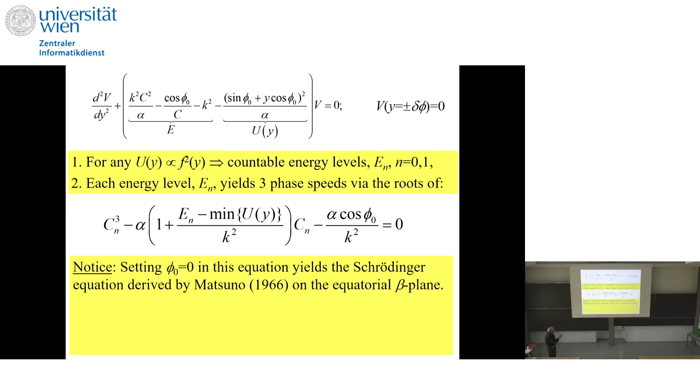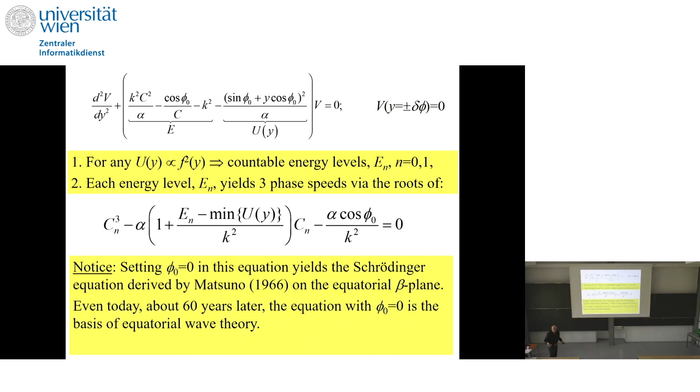This becomes 1, so you get exactly y squared here. This becomes 1. And the equation becomes exactly Matsuno's equation with the Hermite functions. If you ask yourself where the mid-latitude dynamics splits from the equatorial dynamics, the answer is right here, right at this point.